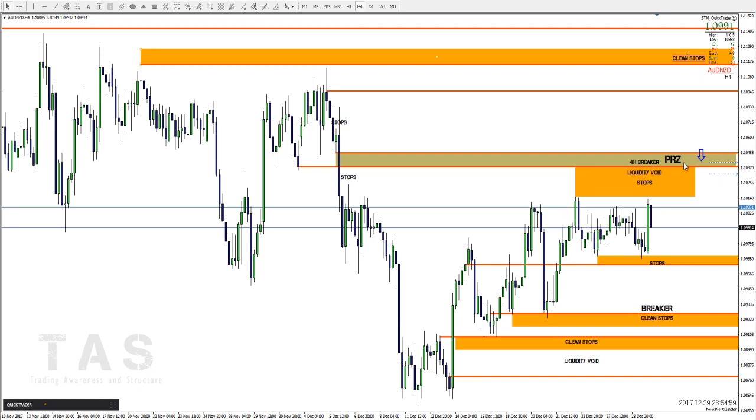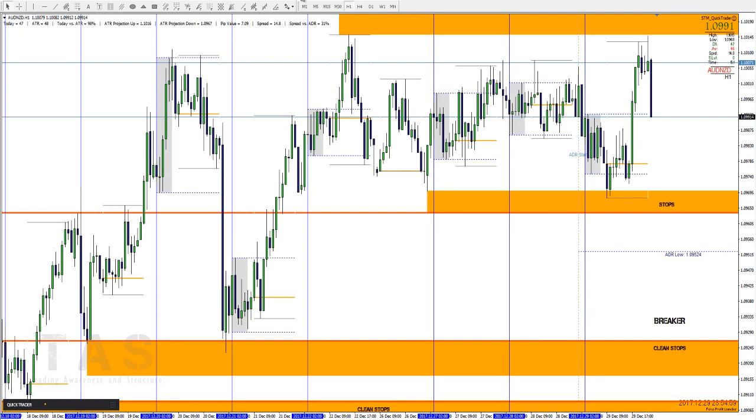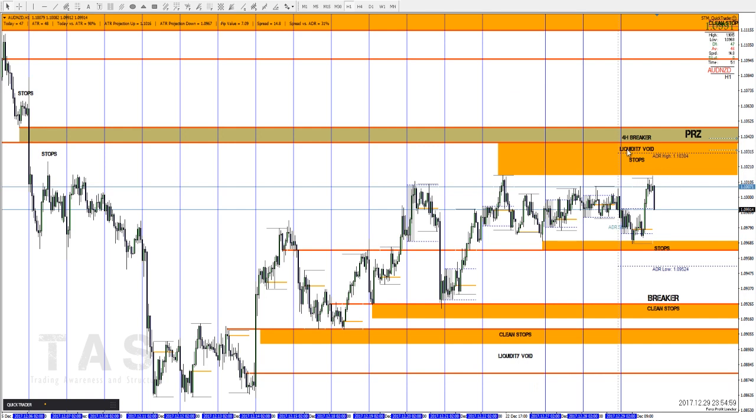So before price gets here, I'm not really looking at any power of 3 or anything. Before price gets into these areas, I'm not looking for an entry. I could look for an entry on an intraday on a long to here, but I need to get out here.